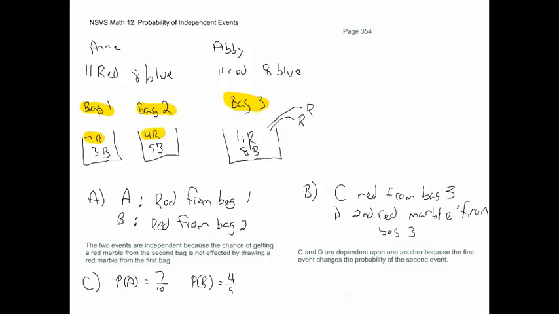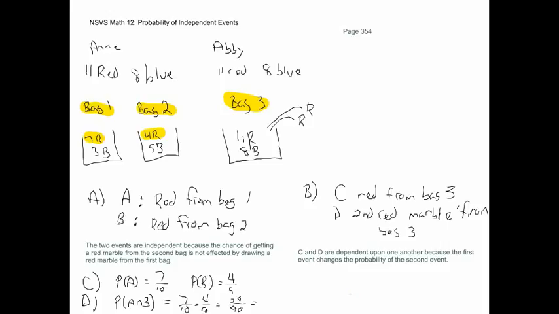Then question D says, what's the probability of A and B? So because the two events are independent of one another, we multiply the probabilities. The chance of getting red in the first one is 7 in 10, and the second one is 4 in 9. So what we get is 7 times 4 is 28 over 90.